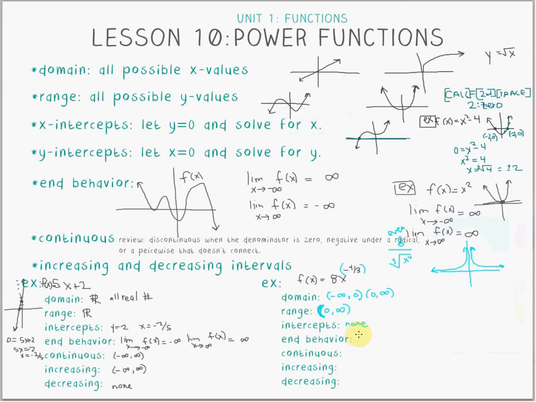Okay, now what about end behavior? Let's practice our notation here. The limit as x approaches negative infinity of our function f of x. What's happening to our graph as x goes to negative infinity? Well, this is approaching 0, but it's never crossing over, right? So we have this asymptote here also, and it's approaching this. When you trace on your graph, you can see it's never going there.